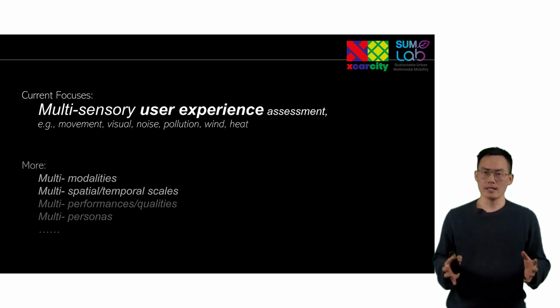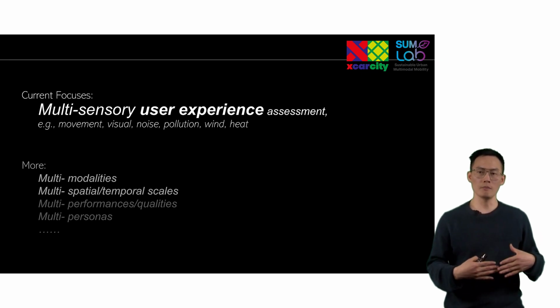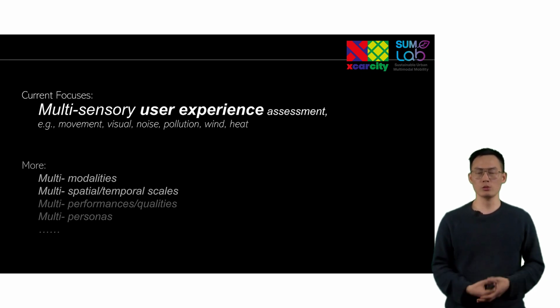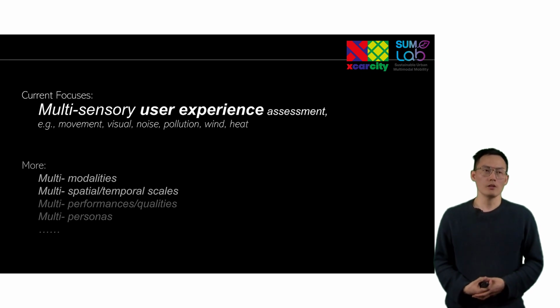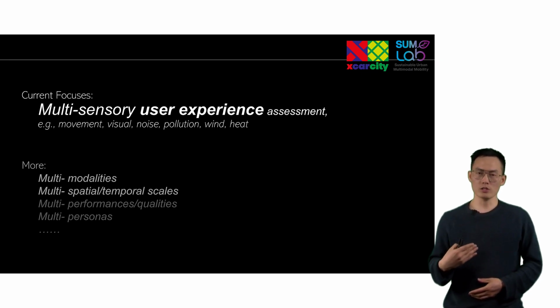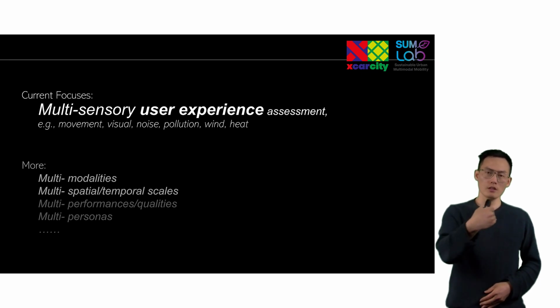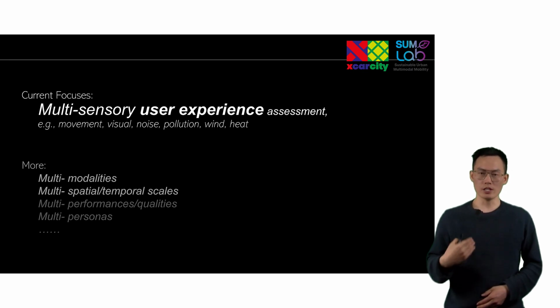In terms of the assessment, we have more content related to user experience. So we wanted to assess the user experience. As human users, we experience the urban environment in a multi-sensory way.